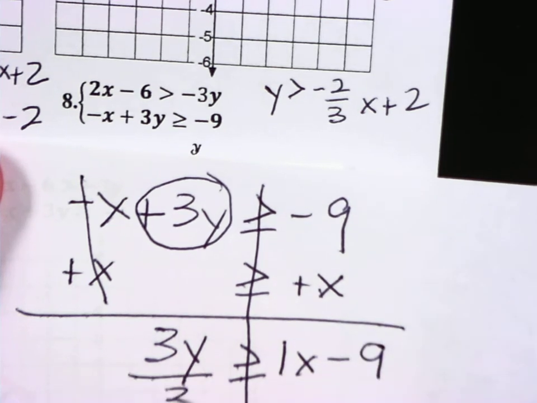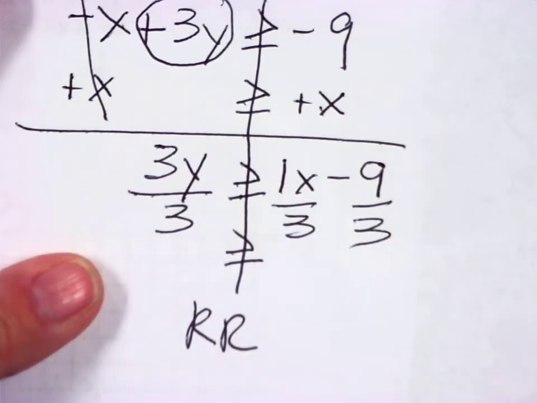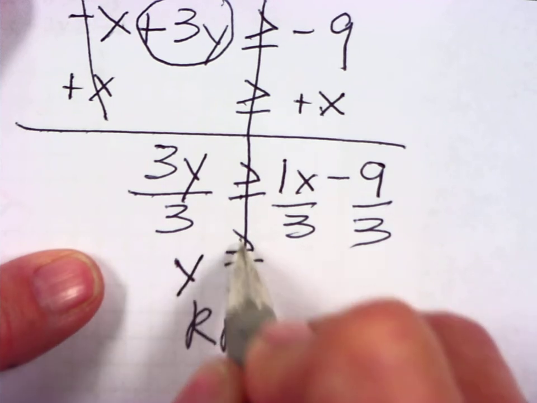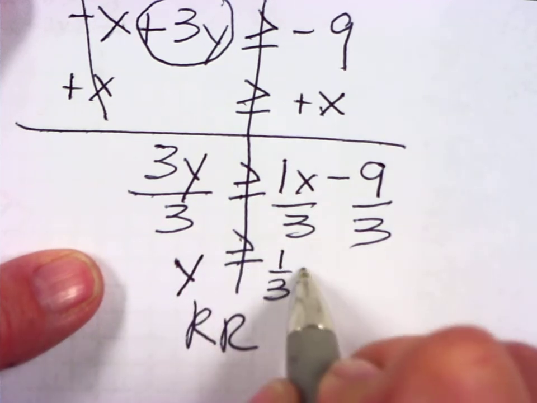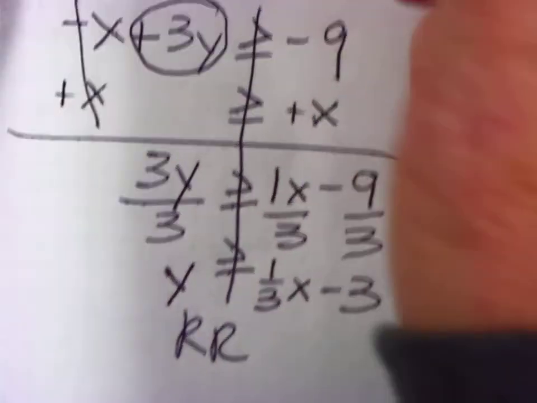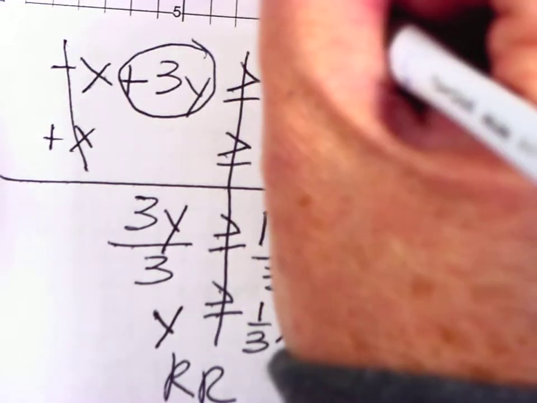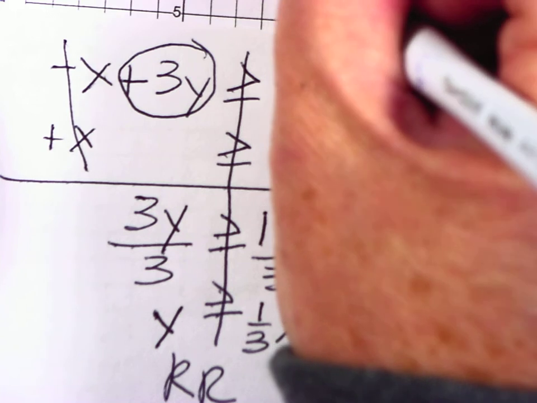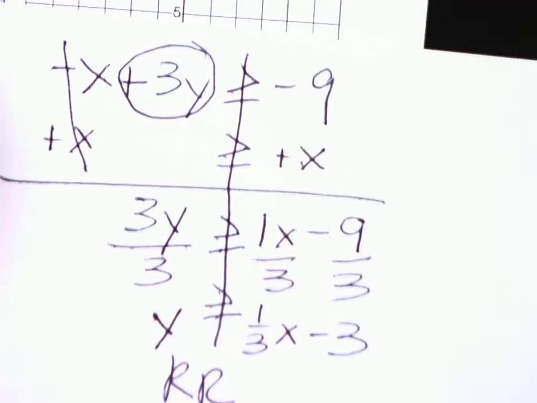Divide every stinking term by 3. Don't have to worry about the random rule because I'm not multiplying or dividing by a negative number. Y is greater than or equal to 1/3 x minus 3.